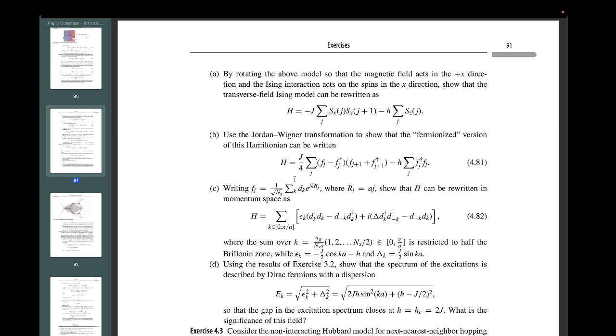Right. So now I have to multiply these operators and see what I end up getting.